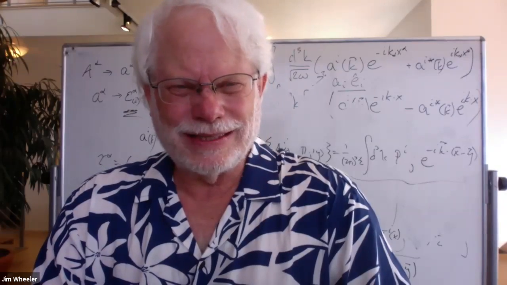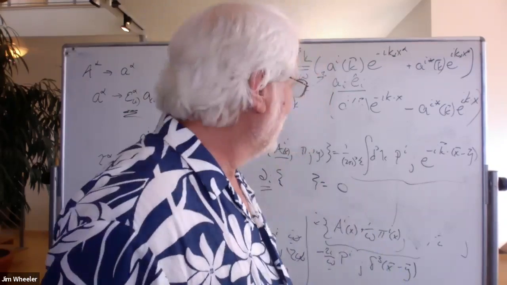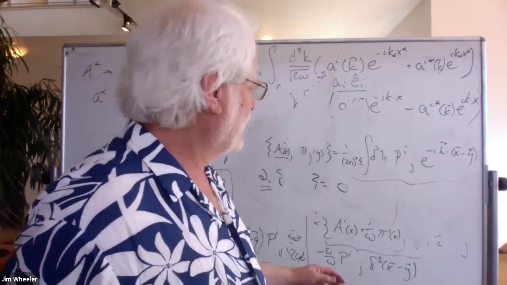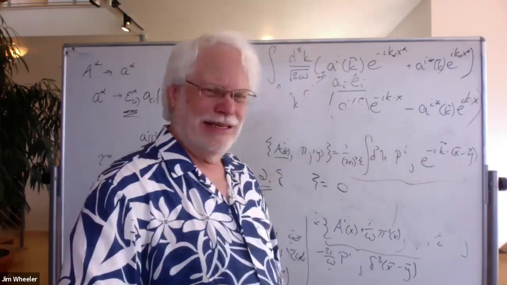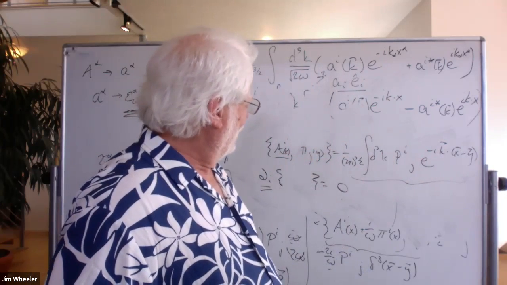We're redefining the delta function as the Fourier inversion of this. So that's non-trivial because this does depend on K. So I don't know what that becomes when you integrate it.